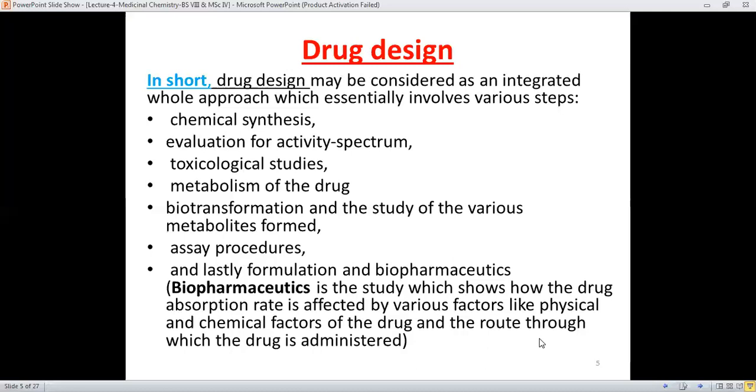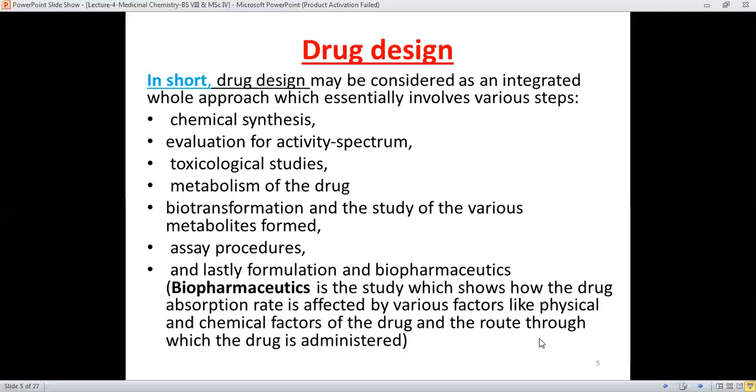Along with the bioscreening or the bioevaluation, there is also an important step which is called toxicological studies. Toxicological studies mean that some drug may be designed to kill the microorganism or cure a certain disease, but simultaneously this drug may also be harmful to the human being. It means that it may lyse the red blood cells.